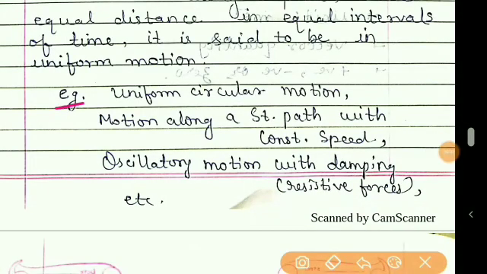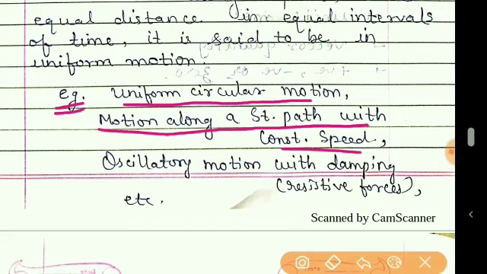Examples of uniform motion are uniform circular motion, motion along a straight path with constant speed, and even oscillatory motion without damping.